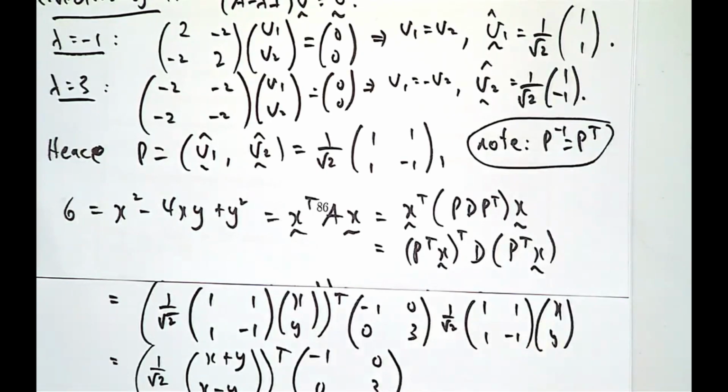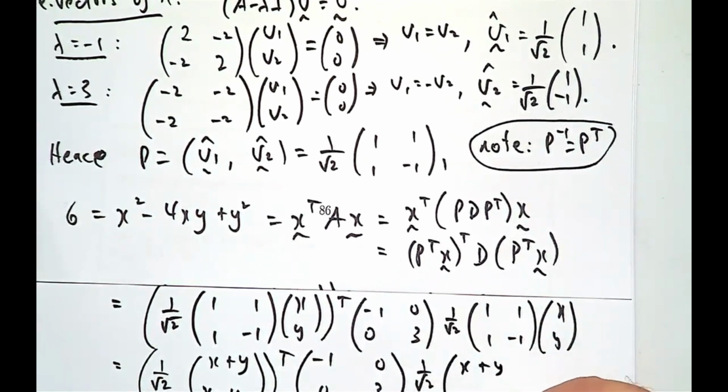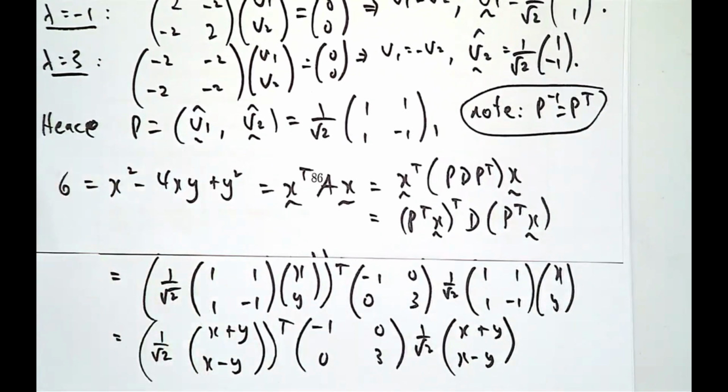And over here, x plus y, x minus y. Okay. All right, we're almost done. I know it's been a long road. What do you notice about the two vectors here? They've got the same sort of format, x plus y, x minus y, x plus y, x minus y.